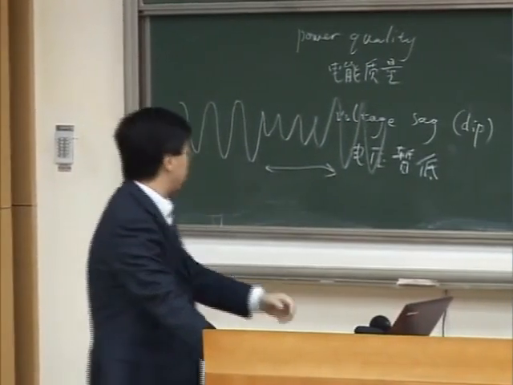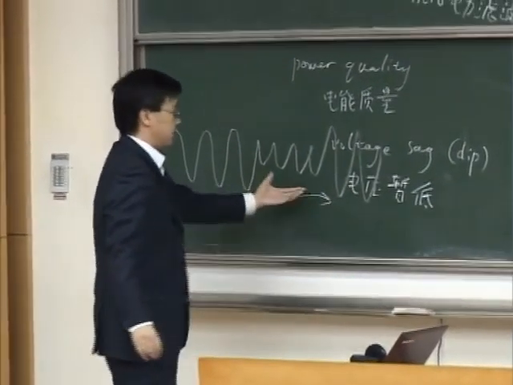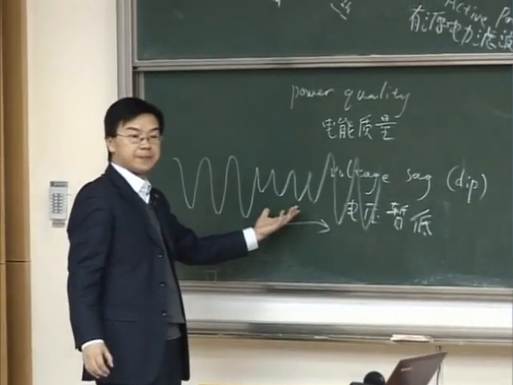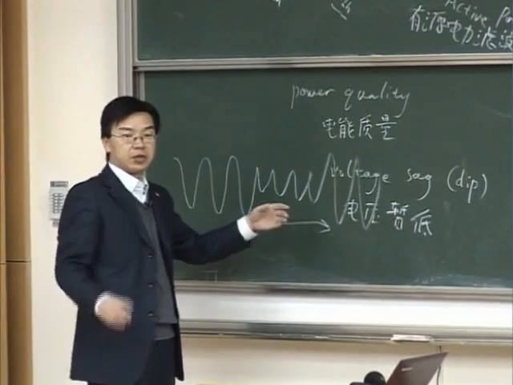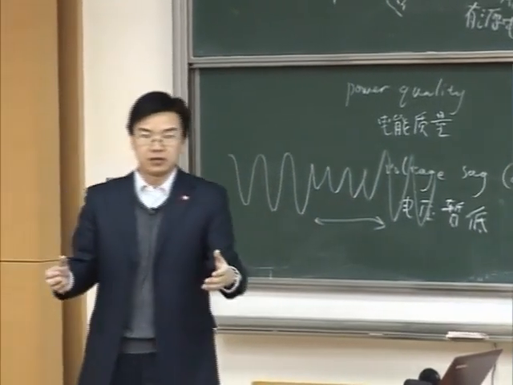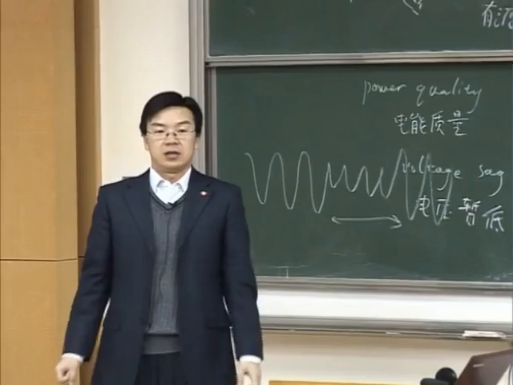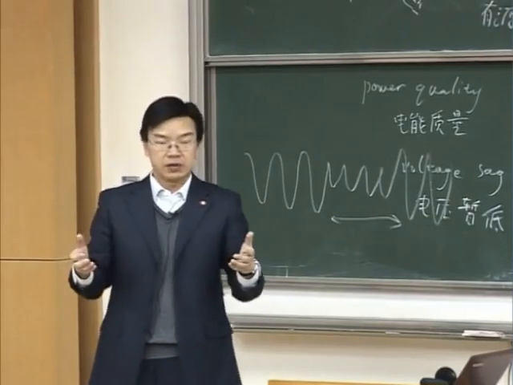Because when the user sees this voltage sag, it may cause a sudden interruption of power supply, and therefore the equipment might be turned off. In many cases, this is very harmful.